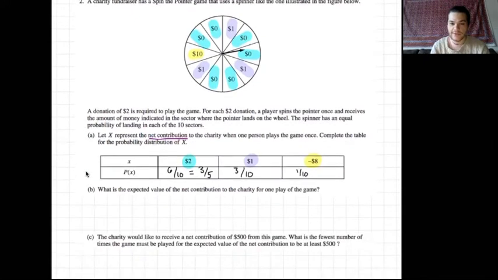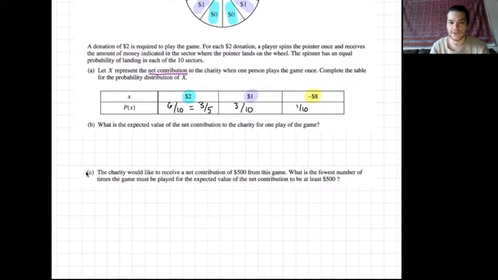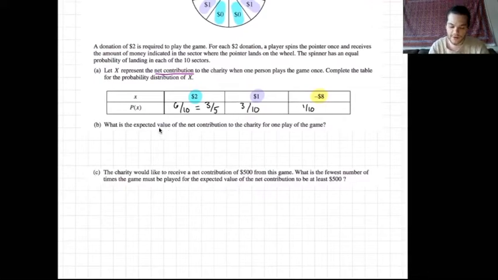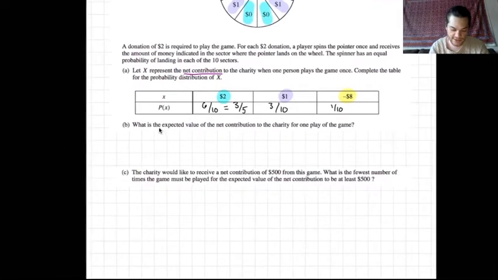And then normally whenever you see a probability distribution table for a discrete variable, you're going to want to calculate the expected value. So what on average will be our average donation here? What's the expected value of X? What we do is we want to take the sum over all the different X values times their probabilities.